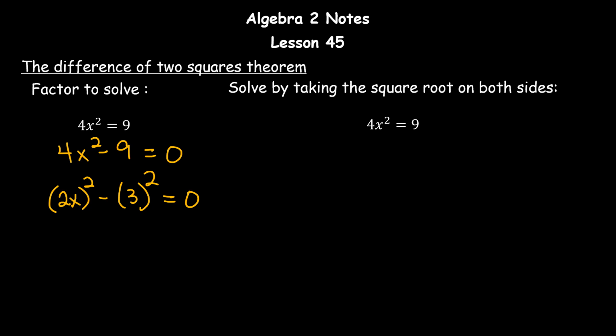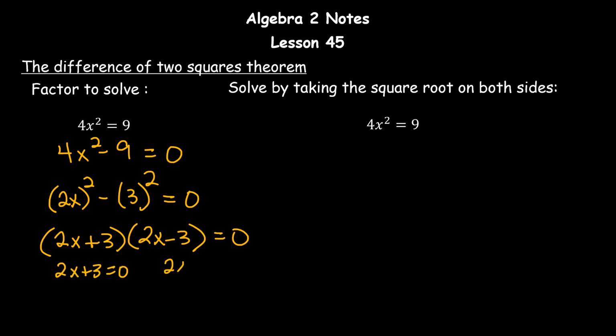When I have something squared minus something else squared, I'm always going to have a product of conjugates: the first thing plus the second thing, times the first thing minus the second thing. So I've factored it, and now I know that if I multiply two factors together and it equals 0, one of them has to be 0. So either 2x plus 3 is 0, or 2x minus 3 is 0.